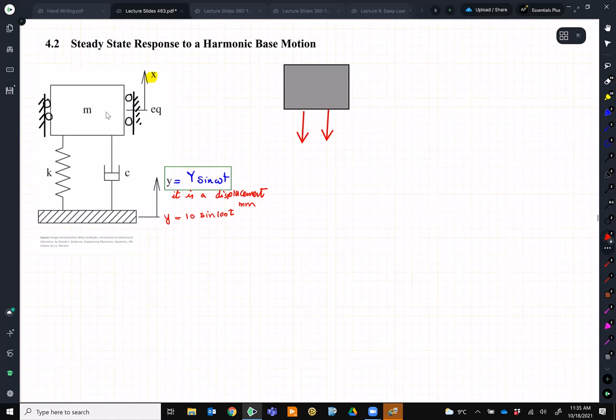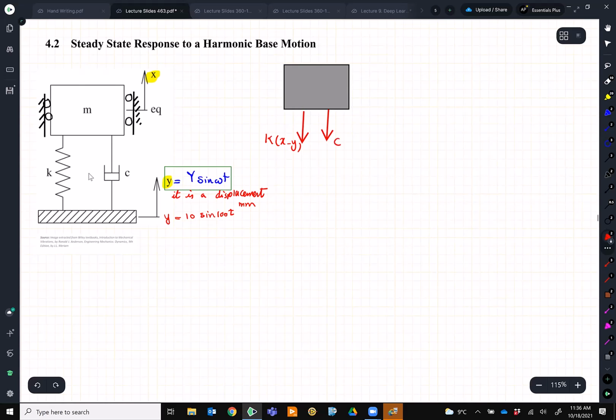So what is the force for the stiffness? All right, now we need to pay attention. I have an x here and I have a y over there. So m moves by x, but then y pushes it back by amount y sine omega t. So here I will have the force, which is k times x minus y.